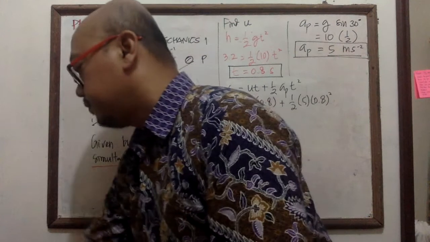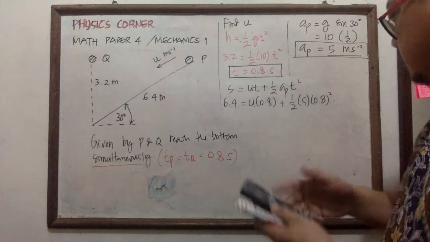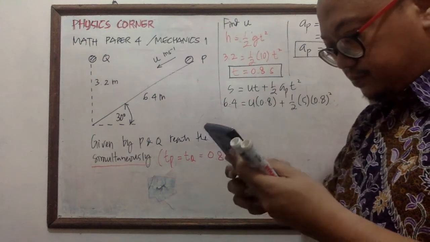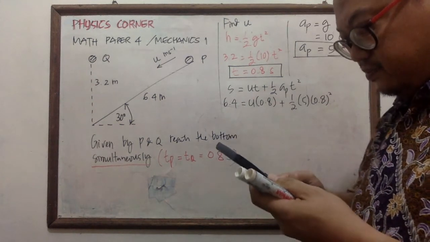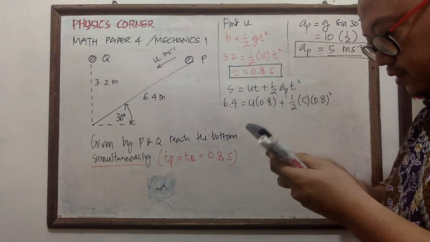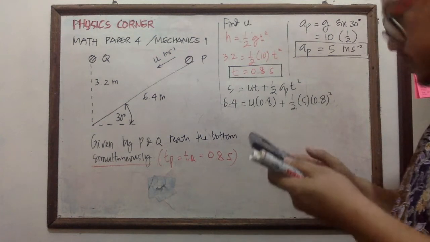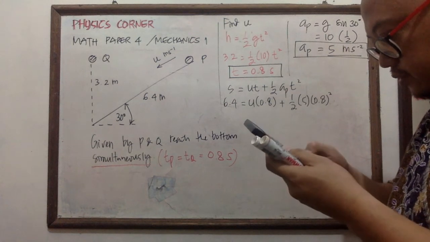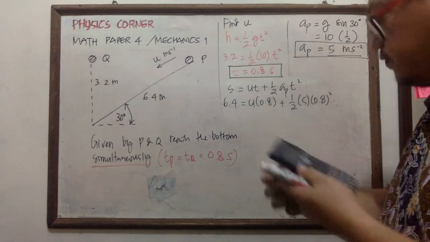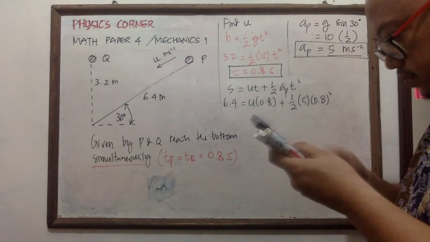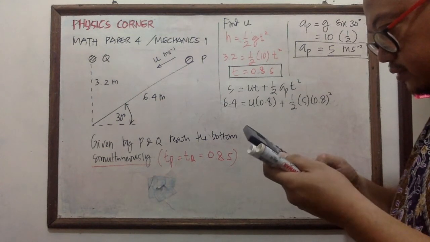0.8 squared times 2.5 is 1.6, and 6.4 minus the answer, so we get 4.8, divided by 0.8.